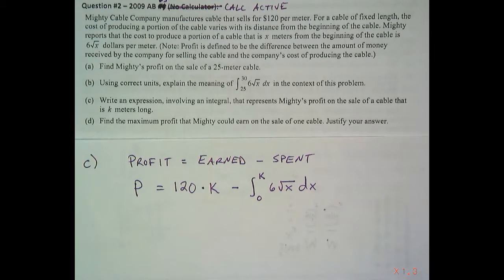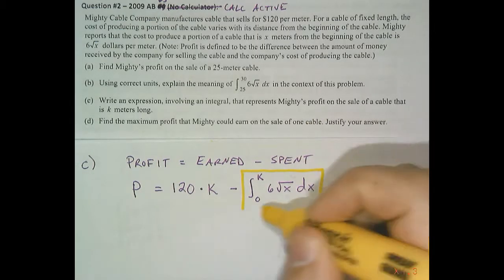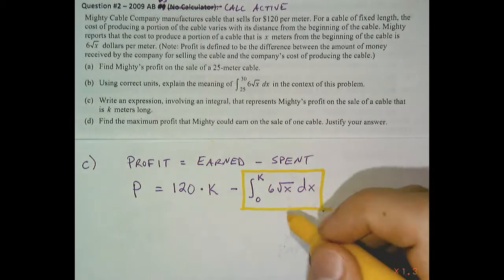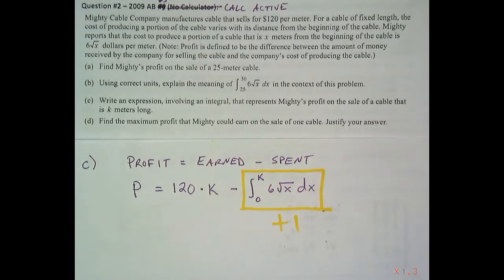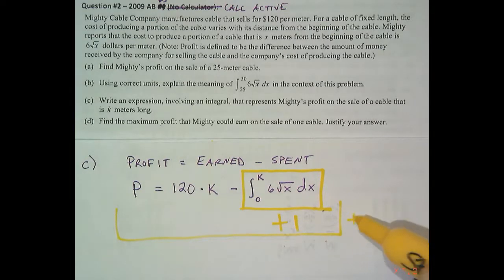You get 1 point for the integral, recognizing that we're integrating from 0 to K to indicate how much we spent. And then your second point comes from, do you have the whole expression correct?